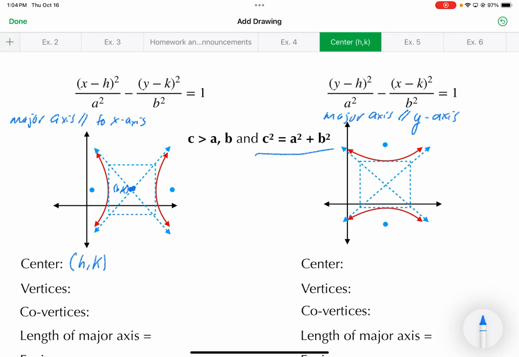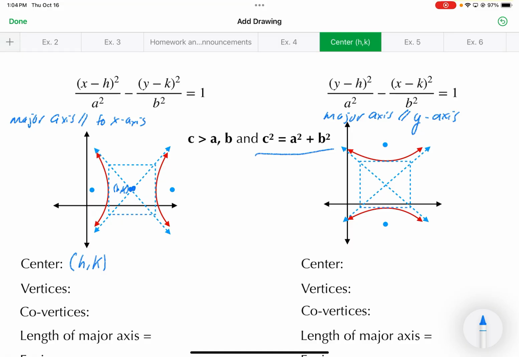All right, now let's find our vertices. In this case, our vertices are going to lie along a horizontal line or a vertical line. Horizontal line. Since my x-axis is my major axis, my vertices are going to lie along that line. Which means what about my coordinates? Which one of my coordinates stay the same? My k value.